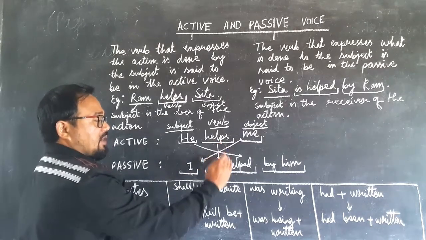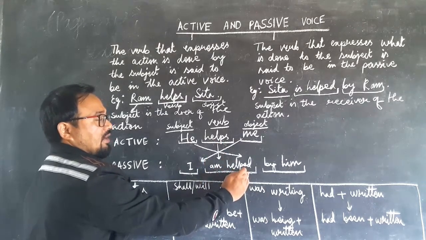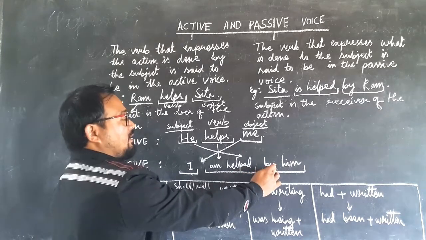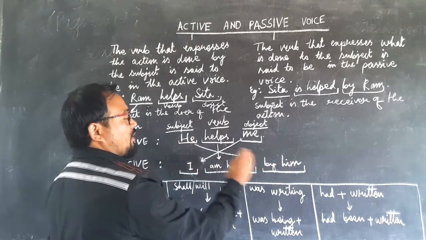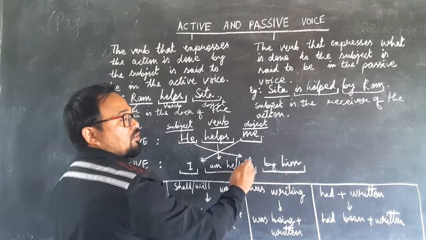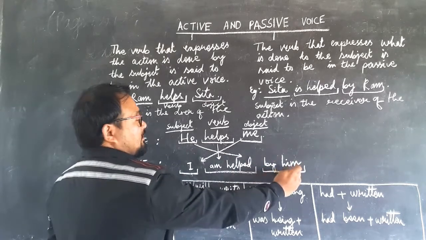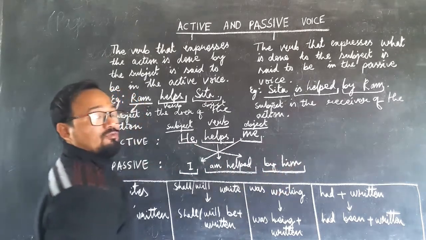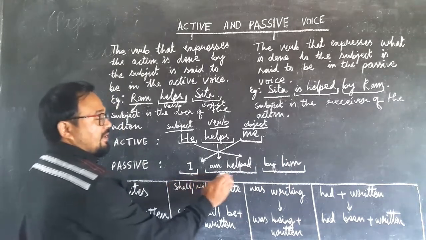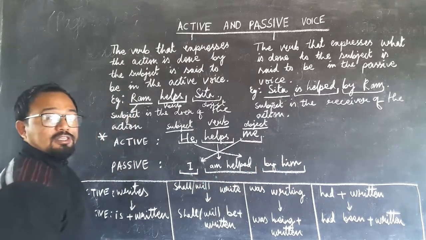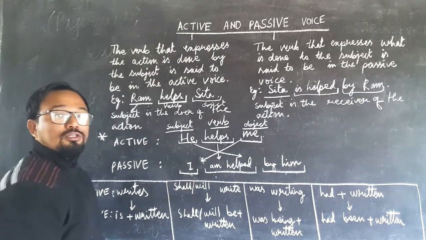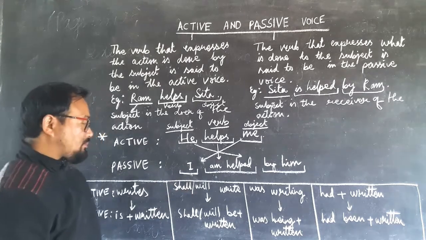So helps becomes I am helped, and you need to add by when the subject is going here in the passive voice, and he becomes him. So I am helped by him. This is the easiest method to solve such questions.